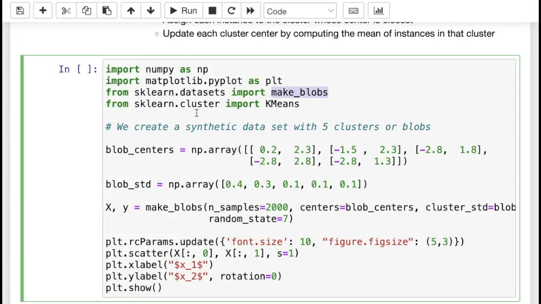And then scikit-learn has a module called cluster, which has k-means.